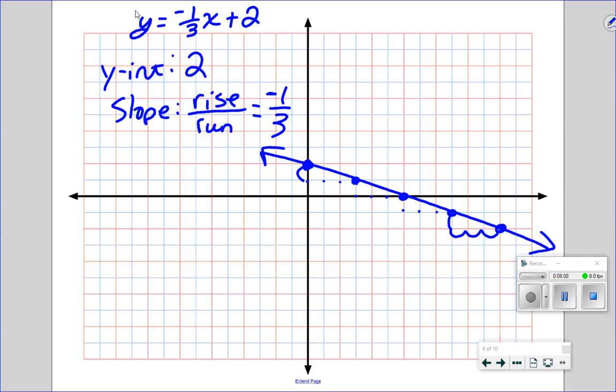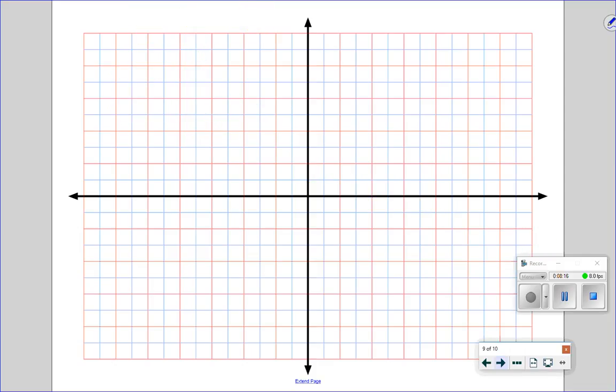So this format, when you see a line written like this, is called slope-intercept form because you can actually see the slope and the y-intercept. Now, if you happen to have a problem like this, where there is no plus or minus, you do still have a y-intercept. The y-intercept is just 0, because you could technically put a plus 0.